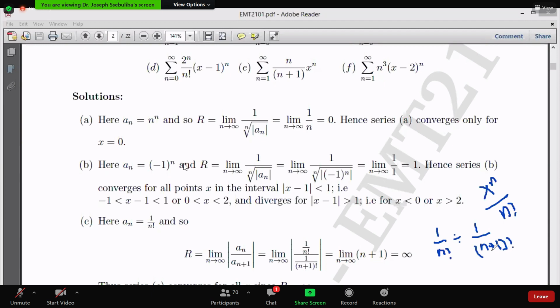But since this is a division, we can take this one up. So what would this become? This would actually become n plus 1 factorial. This whole thing is over n factorial.